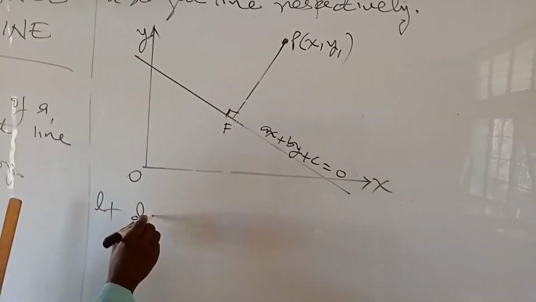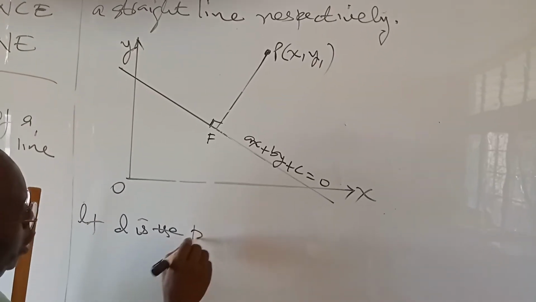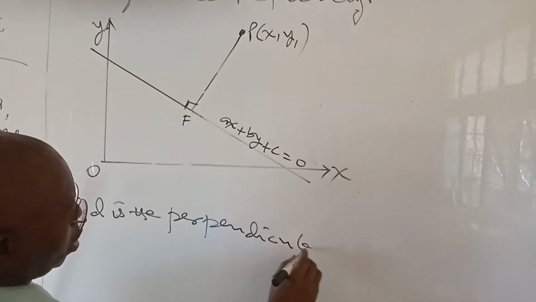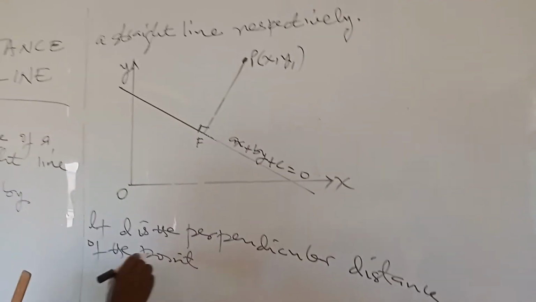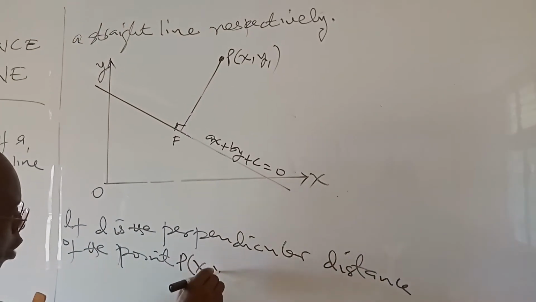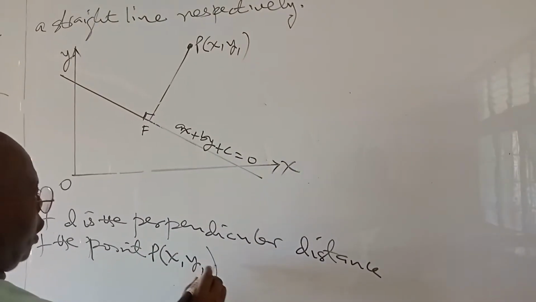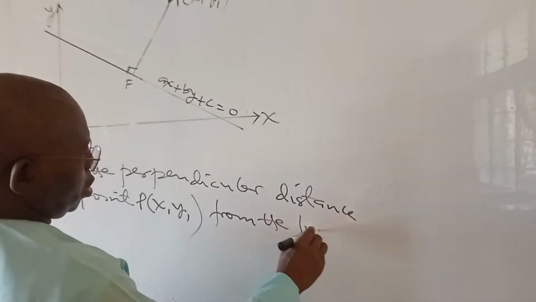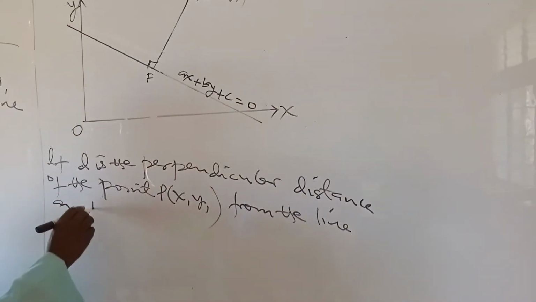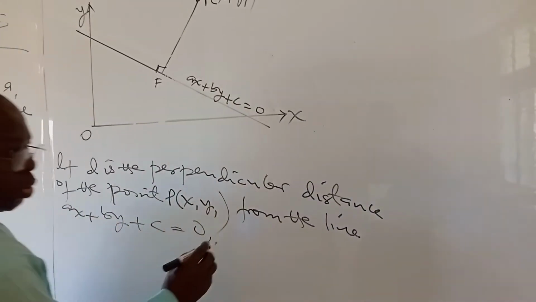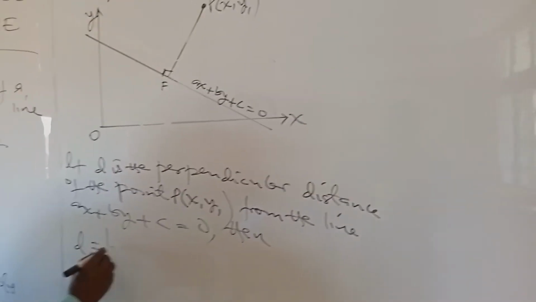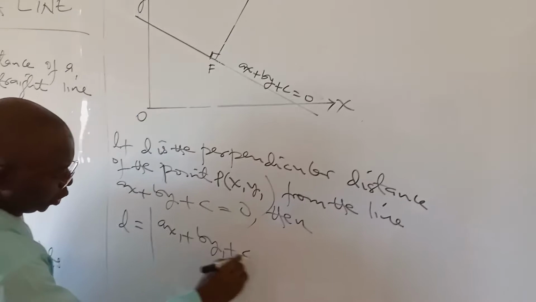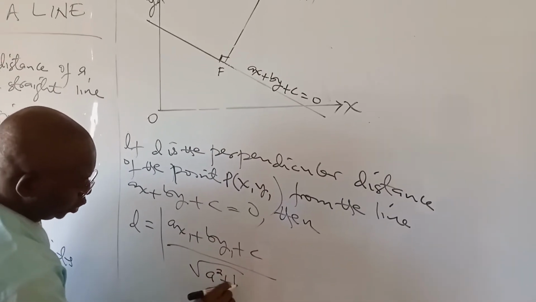Right, so if D is the perpendicular distance of the point P, whose coordinates are x1, y1, from the line ax plus by plus c is equals to 0, then my D is equals to the absolute value of ax1 plus by1 plus c over the root of a square plus b square.